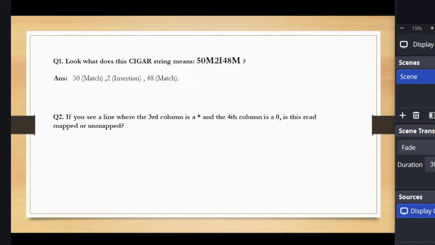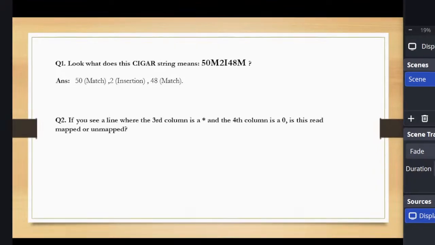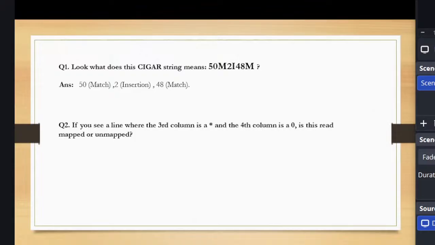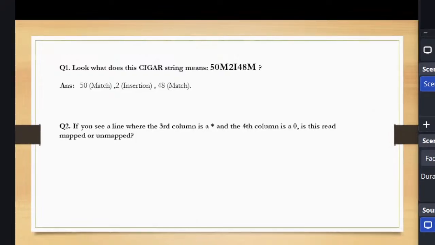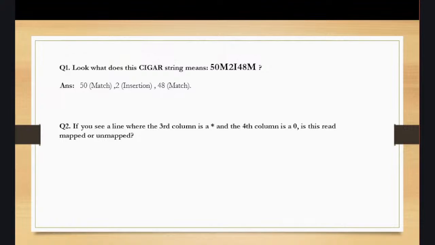Now the next question is, if you see a line where the third column is an asterisk and the fourth column is a zero, is this read mapped or unmapped? Ma'am, there is no mapping because of the paired end, only a single read has been taken, so there is an asterisk and zero.